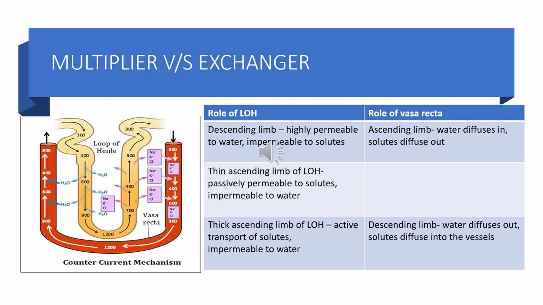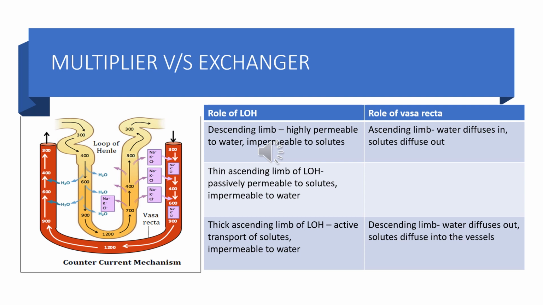Likewise, the water that is diffused by the descending limb of vasa recta is being reabsorbed by the ascending limb of vasa recta and carried away from the medullary interstitium. So it helps in maintaining the hyperosmolarity.